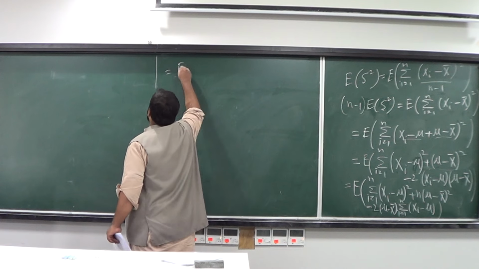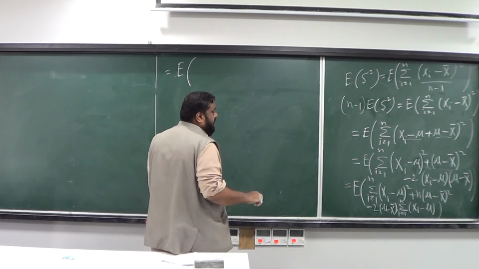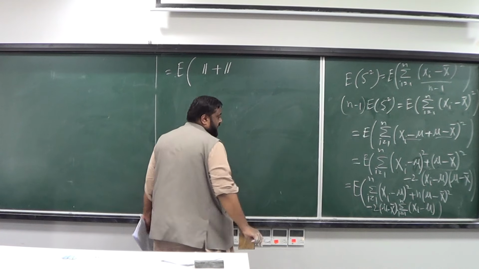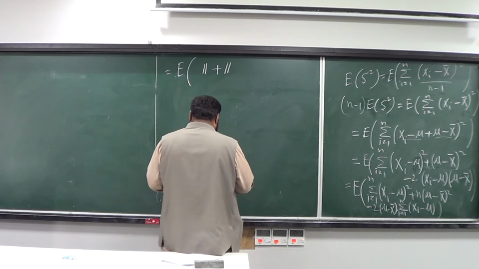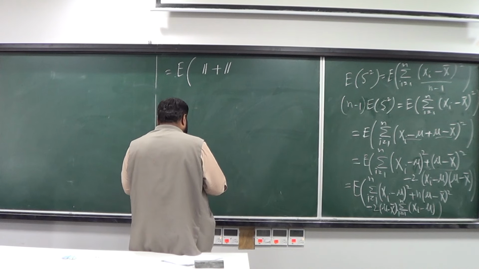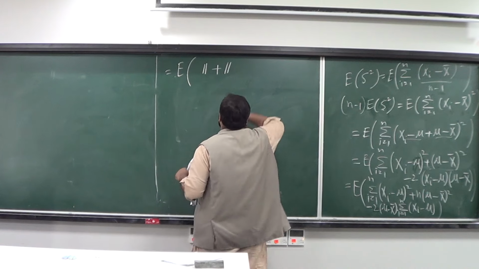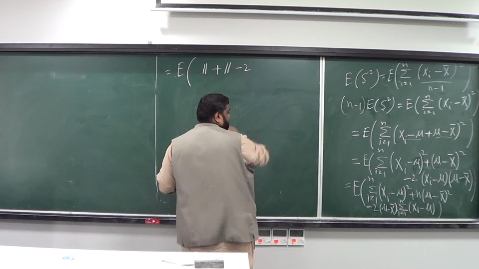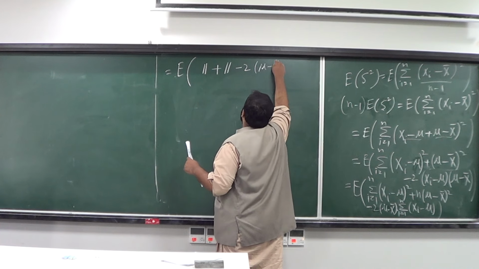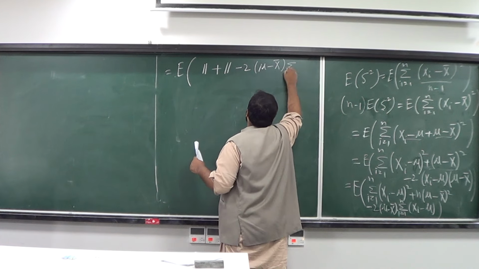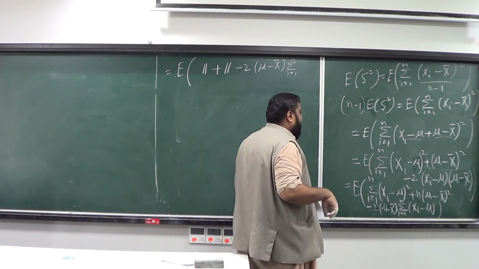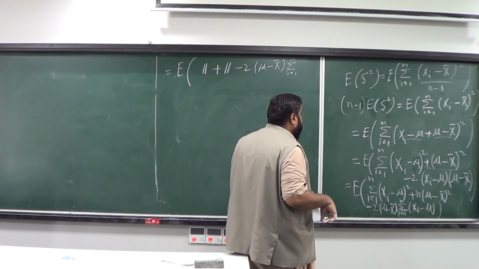So in other words, this would be equal to the expectation of the first term same plus the second term same, and in the third term I'm writing 2 times (mu minus x bar), and in this sum i equal to 1 to n, I am multiplying and dividing by n.